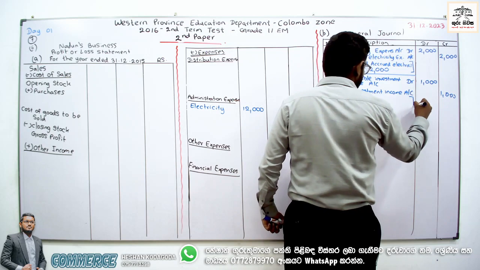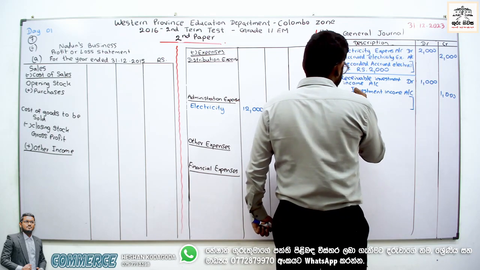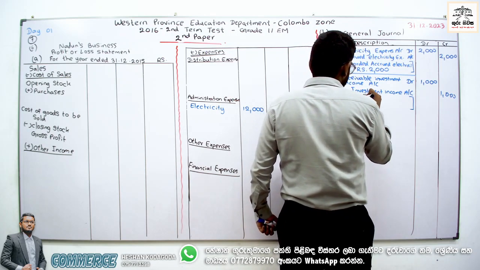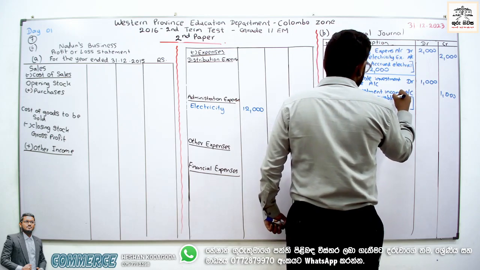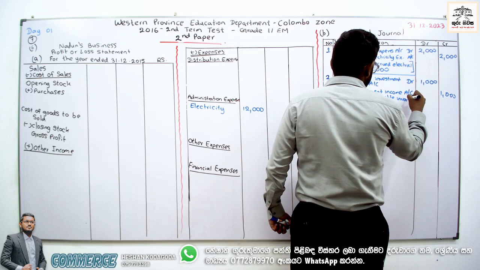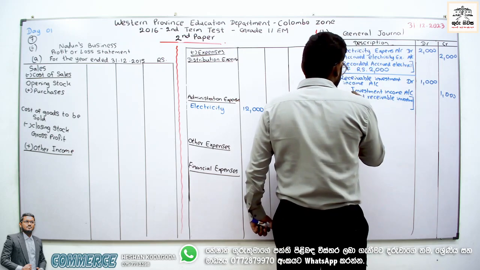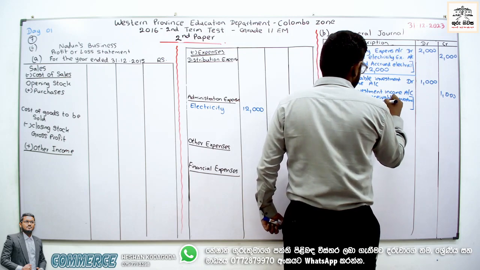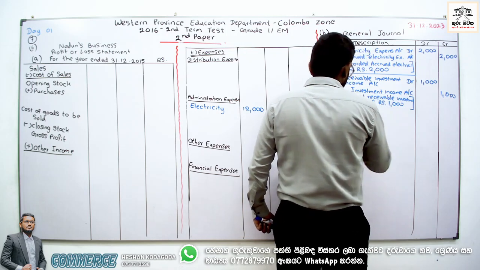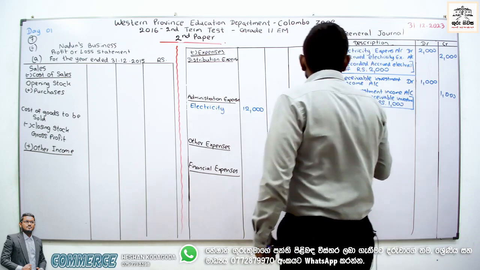You can write recorded receivable investment income of rupees 1,000. When it comes to like this, you know how to record it.